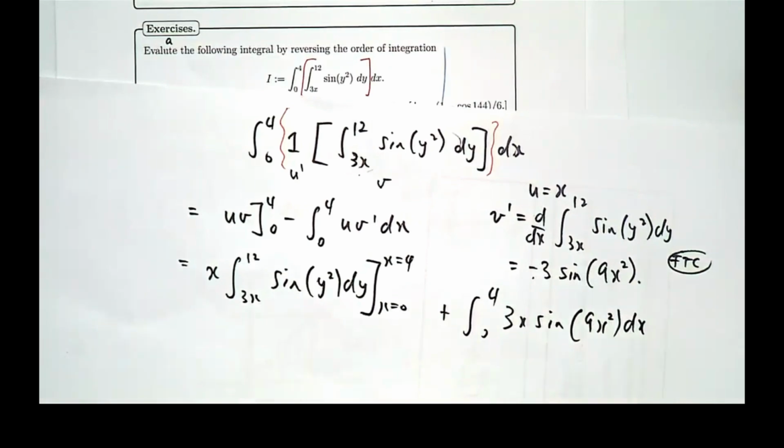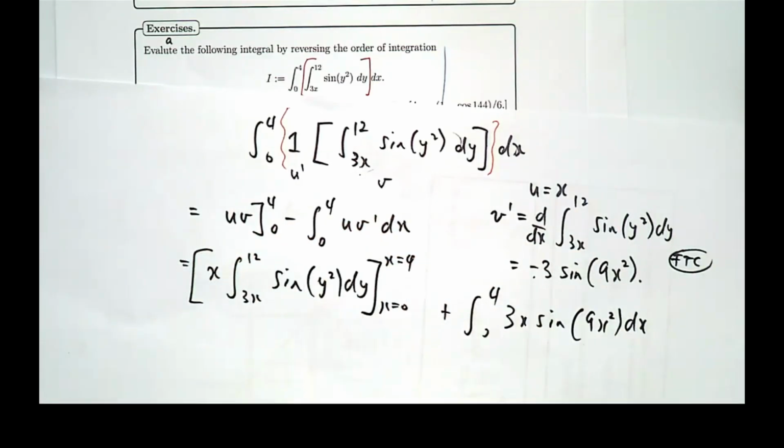Okay, so let's slow down and see what we've got. What happens when you put x equals 4 into this? What value do we get? 0. Why? 12 to 3x. If you sub x equals 4 into 3x, it's just a line which you can't integrate.